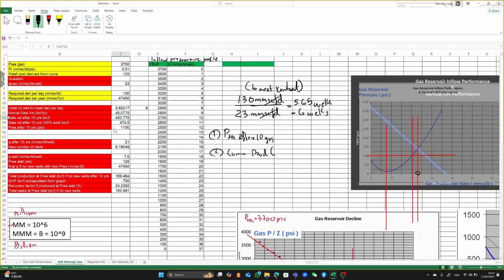And there is a trick to that, because you might say we have already calculated the 10-year stuff over here. But you must remember, this was calculated by considering 95% sale volume. That means there is 5% left that we haven't sold.